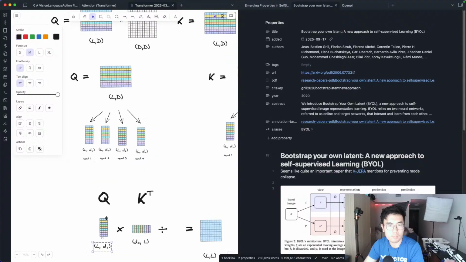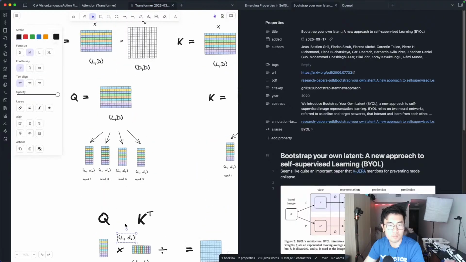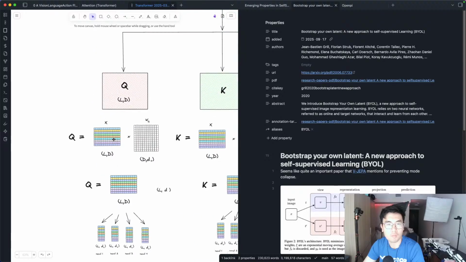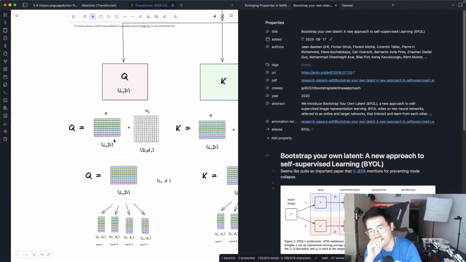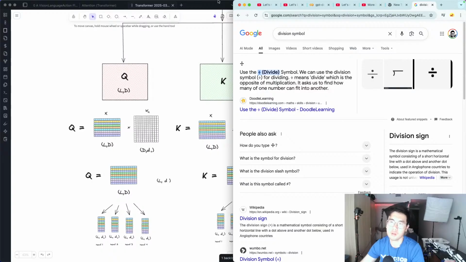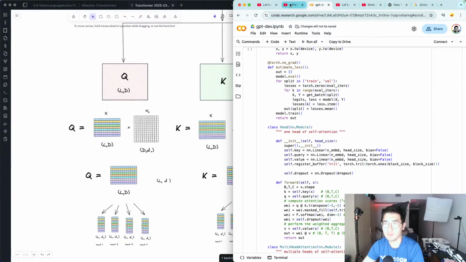Yeah, I think it's actually just like... it's not like you split it into heads, right? You just multiply by the weight matrix.